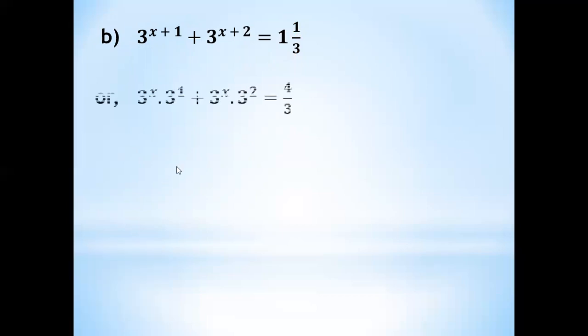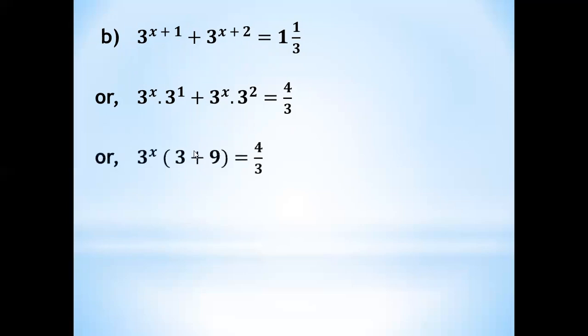As we have discussed earlier, you can see here that we have separated the bases on the left hand side, and on the right hand side we expressed the given mixed fraction as an improper fraction. Now we'll repeat the same thing. On the left hand side we'll take out the common 3 to the power x.